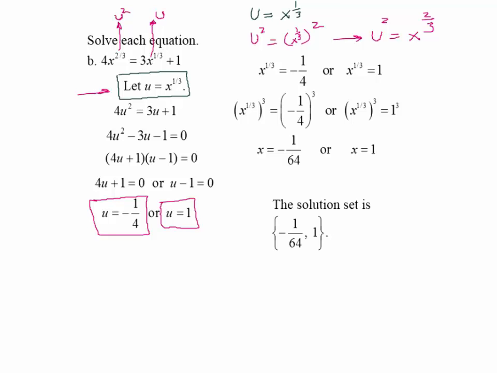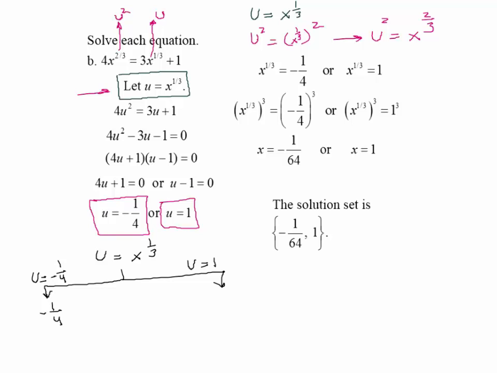I want to go back and write that u is equal to, remember, u is equal to x to the power of 1/3. So there are two cases I have to check. I have to say, if u is equal to minus 1/4, what is x? If u is equal to 1, what is x?